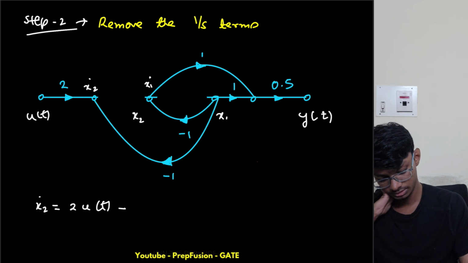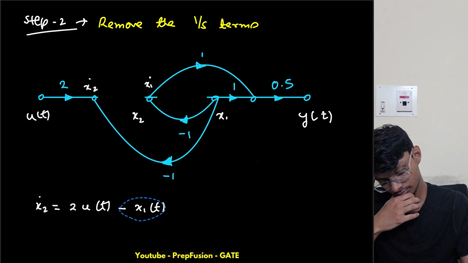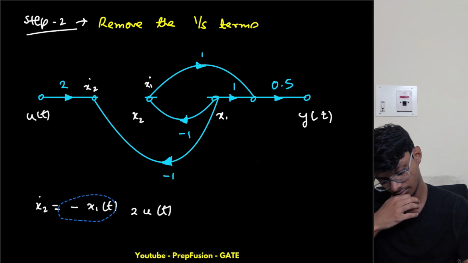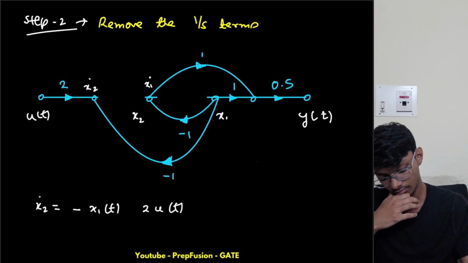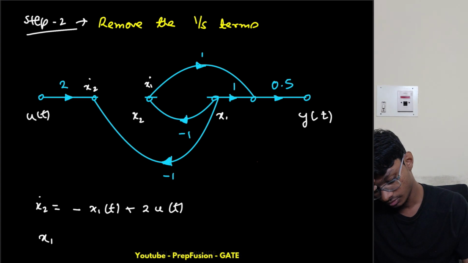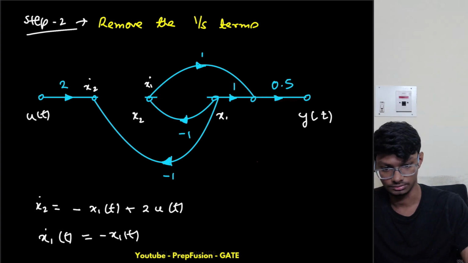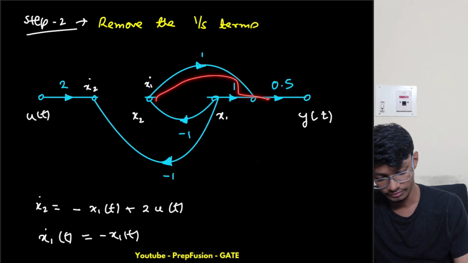Two u of t minus x1 of t, plus this. And what is x1 dot of t? x1 dot of t, we have only one thing incoming, that is minus x1, right? So x1 dot of t is minus x1 of t. And what is this y of t? y of t is only this one, right, only this one. Do you have anything else in this x?